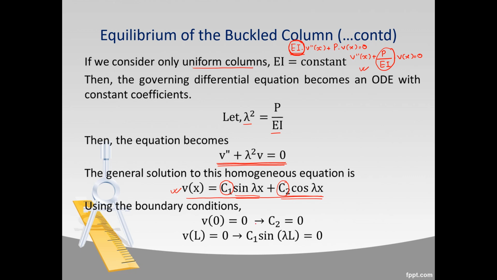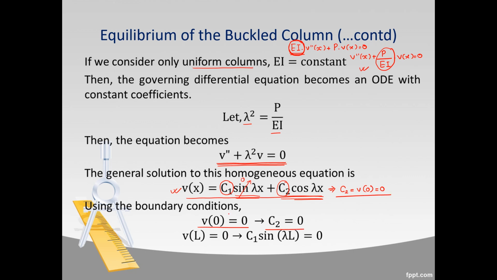To do that, first let's use this boundary condition here. Put the value of x equals to 0. Then sine 0 is 0, so this whole term becomes 0. Cos 0 equals 1. So from this we will get C2 equals to V at 0, which is given as 0. So C2 equals to 0.